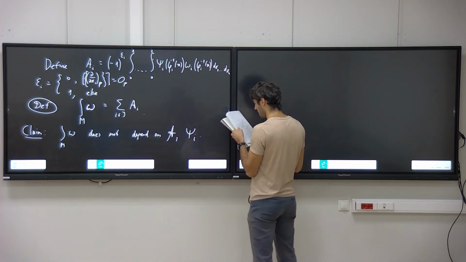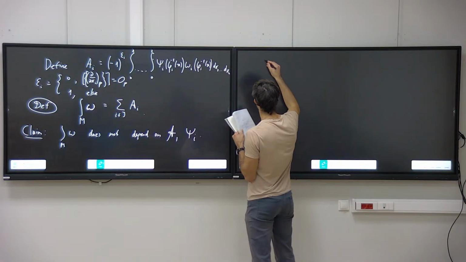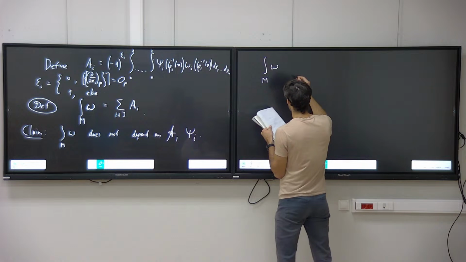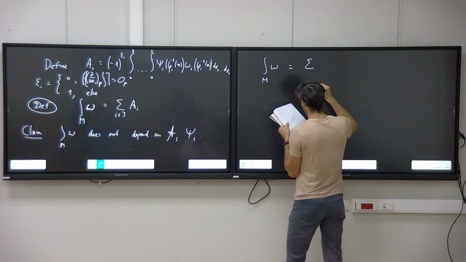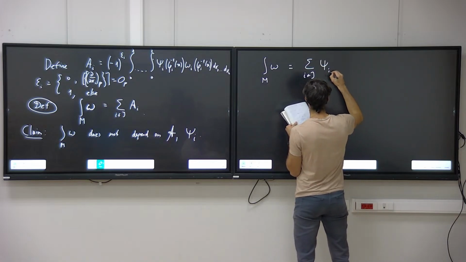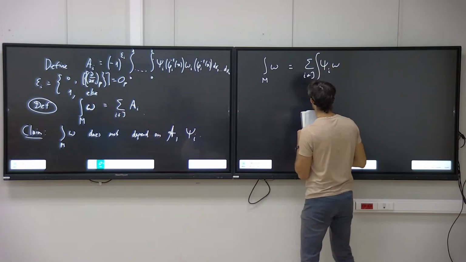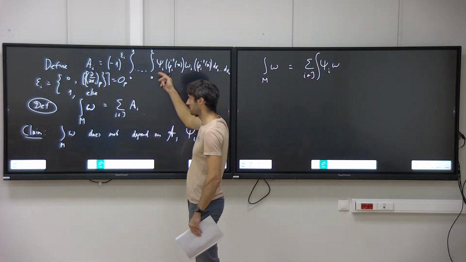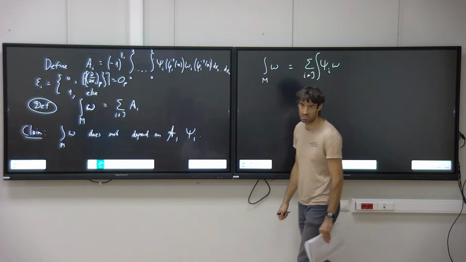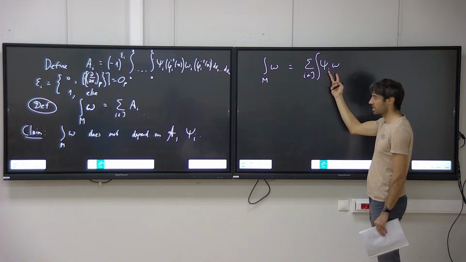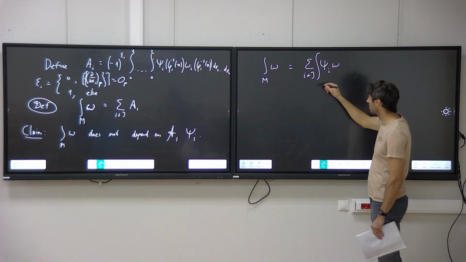Basically, I can first take my integral of omega and write this as a sum over I from J of the integral of psi I omega. We need to check that the integral respects addition, which is clear. So I can write omega as a sum of psi I omega, and then consider this.